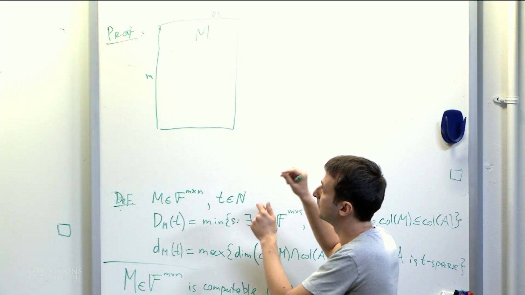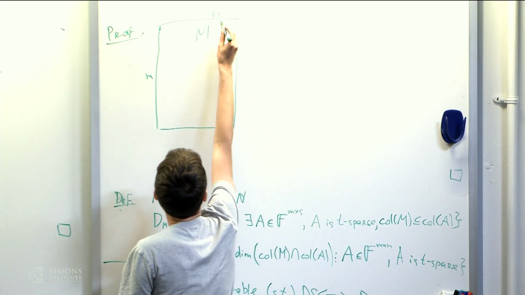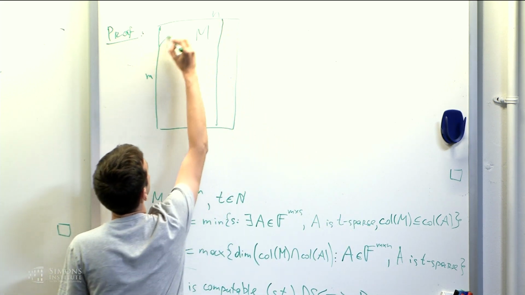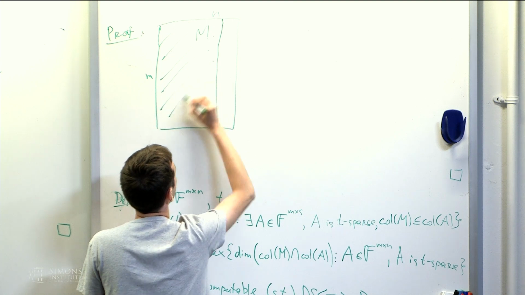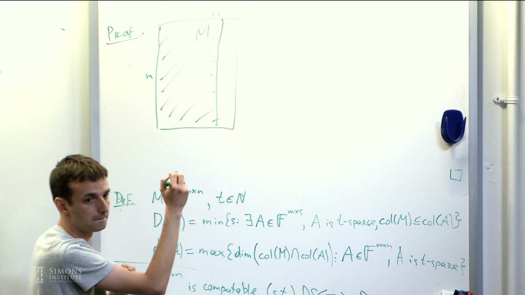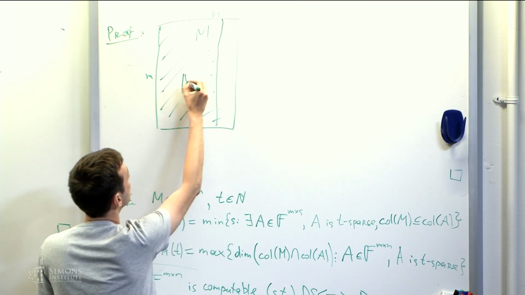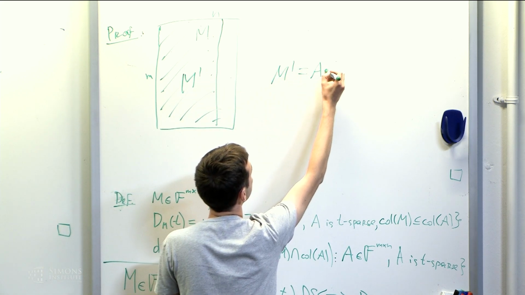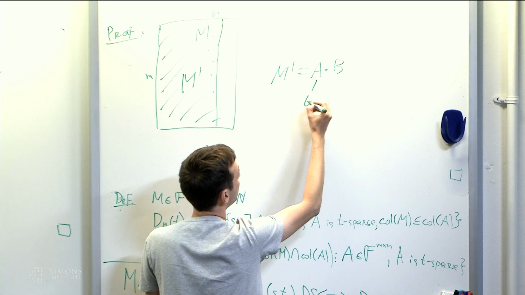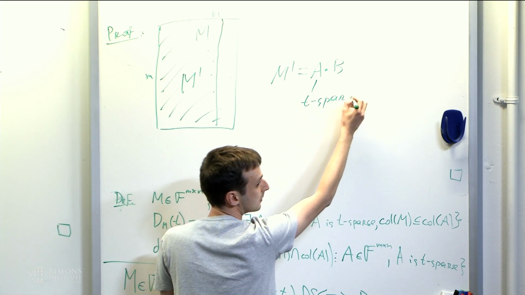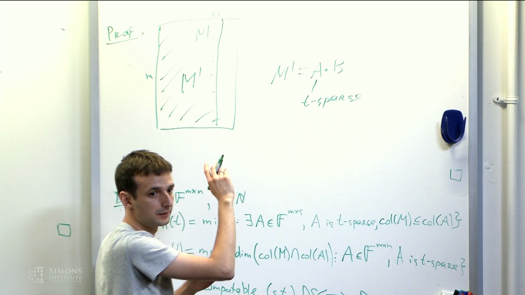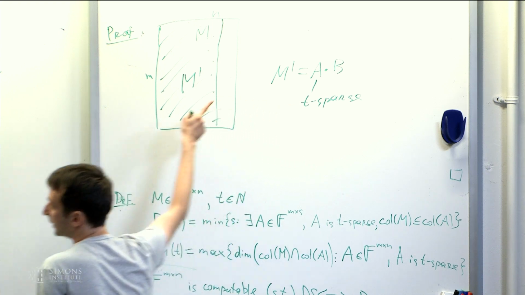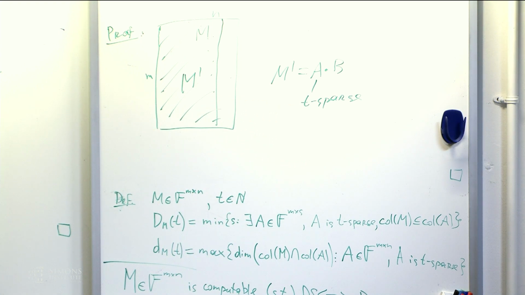Otherwise, I know that there is a sparse matrix which generates a huge chunk of the columns. Let me call this M prime. I know that M prime is some product of the matrix A times B, where A is t-sparse, just by the previous lemma. We know that A times B, where A is sparse, is exactly a data structure.